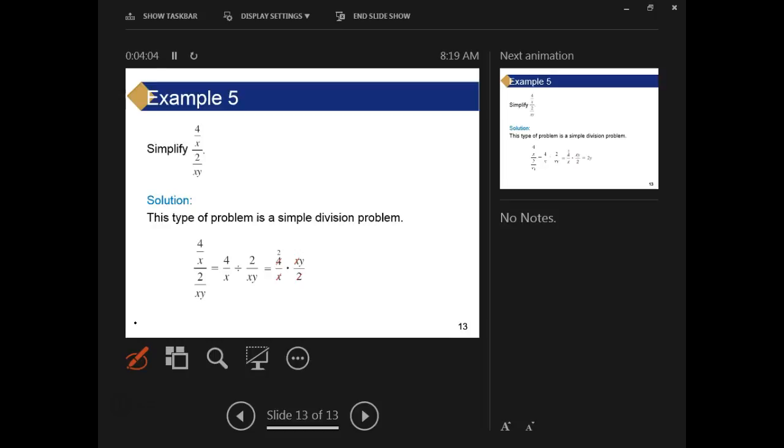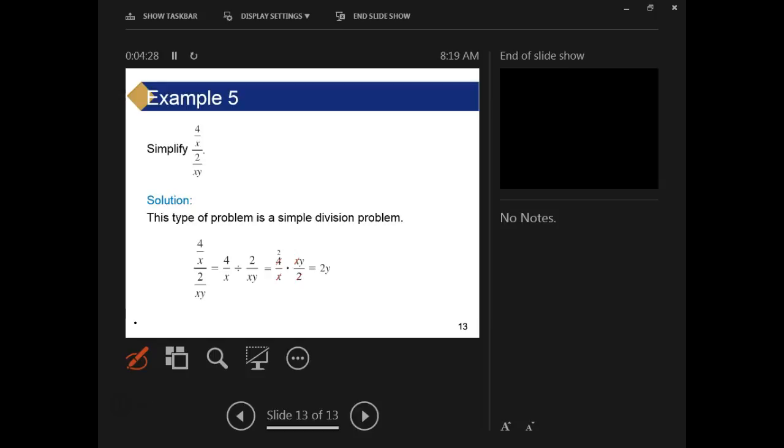Now, notice here, folks, maybe back when you were doing numerical fractions, you might have put a times sign here. Now that we have variables and the times sign looks so much like an x, it's probably a good idea to use the center dot for your multiplication symbol, just to keep from confusing yourself. Then divide out common factors, 2's and x's, and that leaves us with simply 2y.